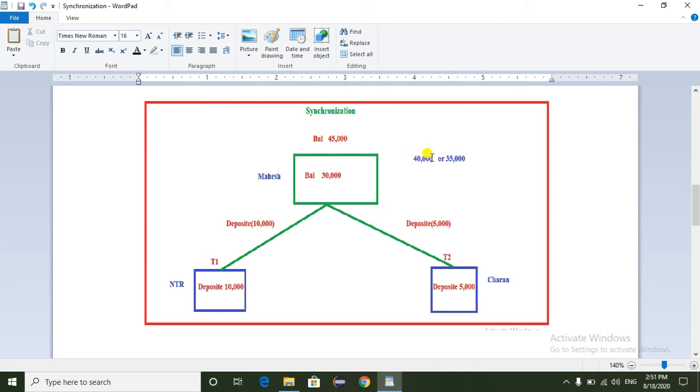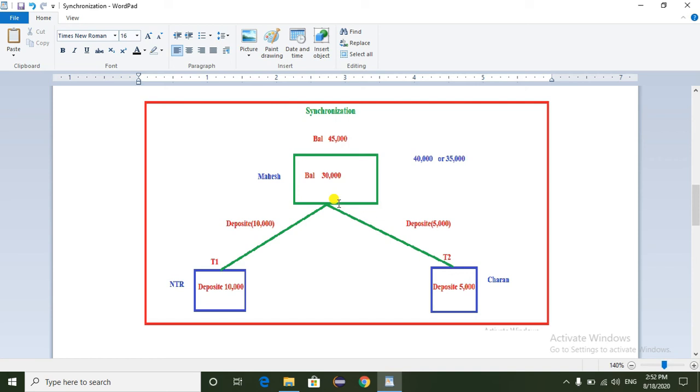Either it is 40,000 or 35,000, because both threads update the balance at the same time. So we get 30,000 plus 10,000, 40,000, or 30,000 plus 5,000, 35,000. That means instead of getting 45,000, we are getting either 40,000 or 35,000 because of the multi-threaded concept.